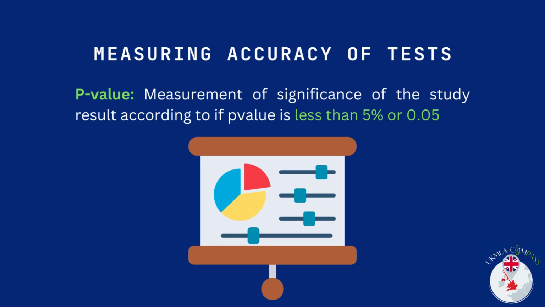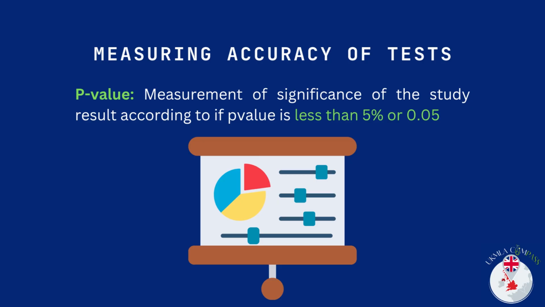It's usually about 5% or 0.05. This is the only measurement of mistakes in the study that can be acceptable to say that this study is actually significant. So the mistake percentage should be 5% or less, or 0.05 in decimals.